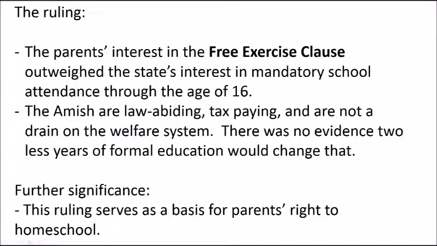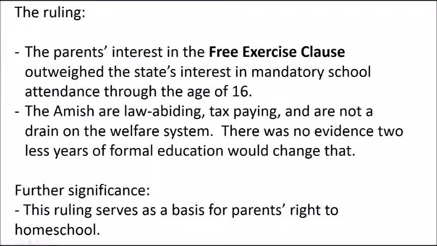Further significance of this case is this was a big homeschooling case. So this ruling served as a basis for parents' rights to homeschool their children, and you started to see this movement increase afterwards. Because in the 1930s, you saw a very big step up with public education.